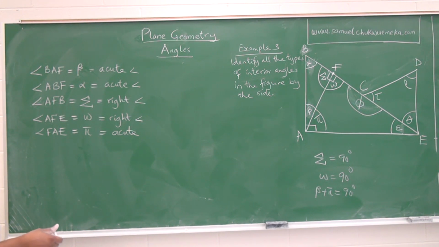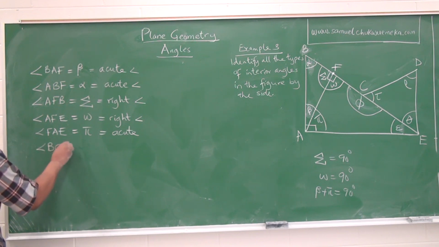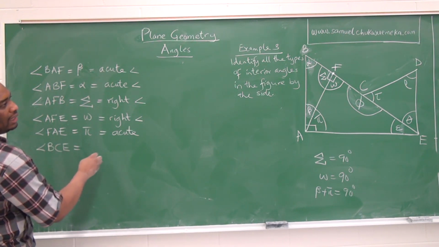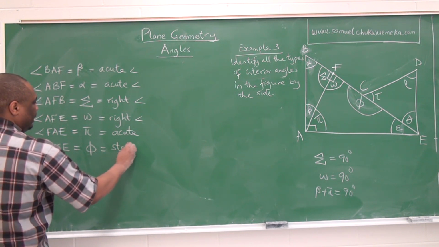The next one. Phi. Angle BCE. Because we're looking at interior angles, we're not looking at the exterior, okay? So angle BCE is a straight line, and it is phi, and that is a straight angle.